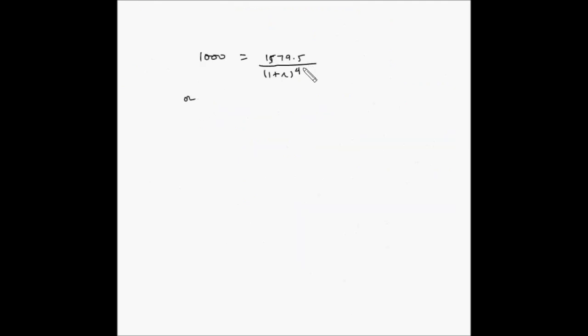Now let's take this (1 plus R) to the power 4 to the other side and bring this 1000 to the other side. So (1 plus R) to the power 4 is equal to 1579.5 divided by 1000, or (1 plus R) to the power 4 is equal to 1.5795.